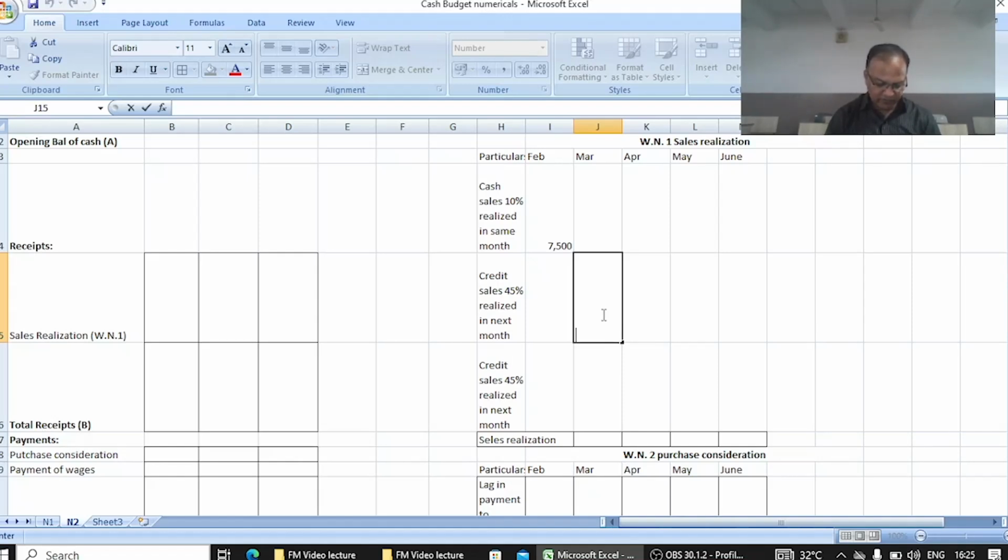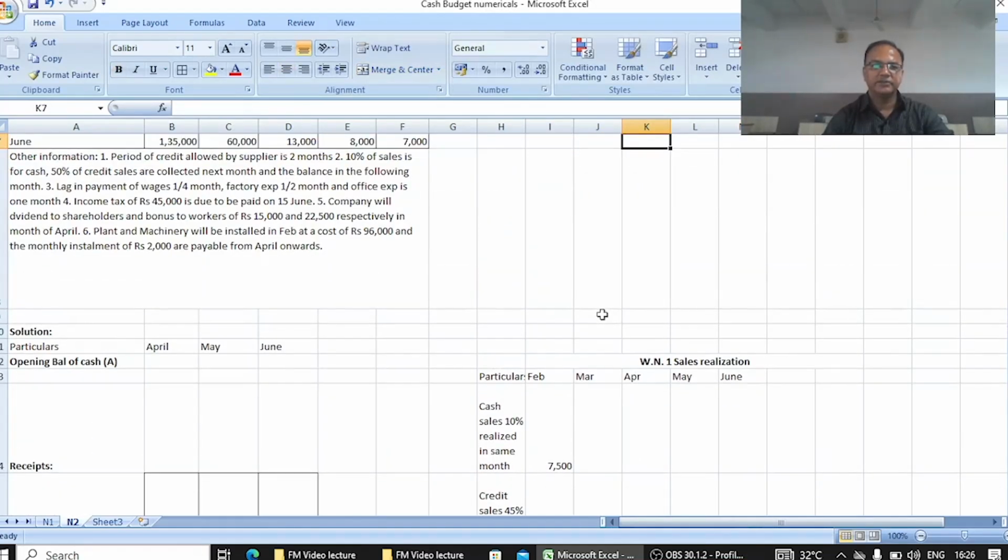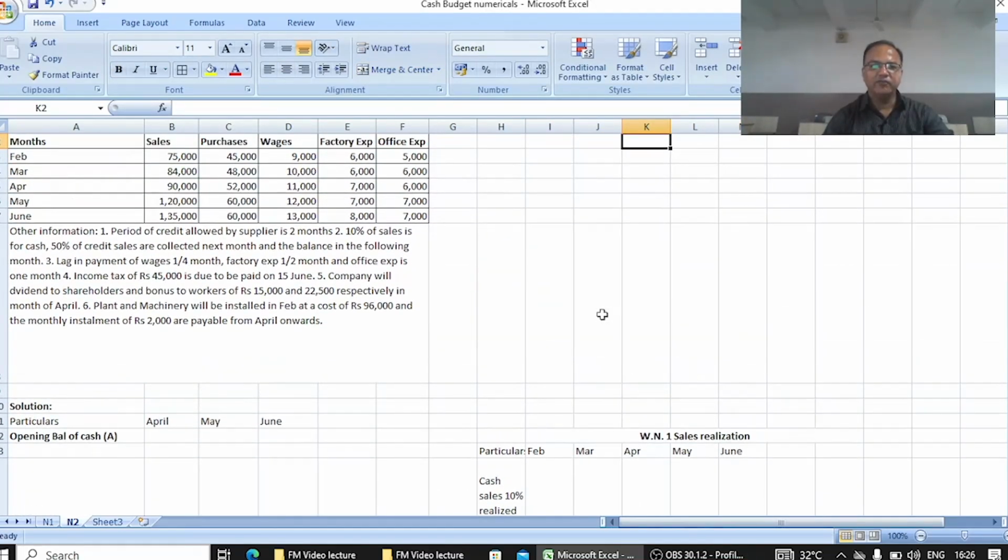Now 67,500 will be received in two parts. It will be 33,750 and 33,750. Next, 84,000.